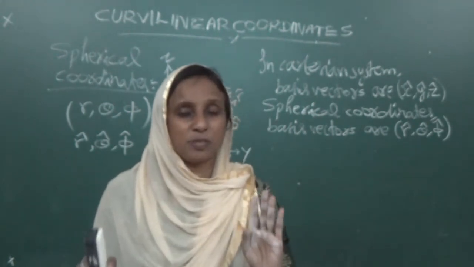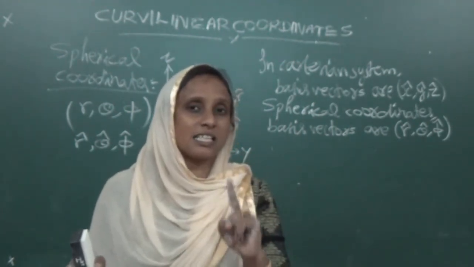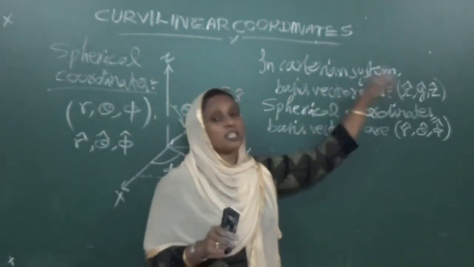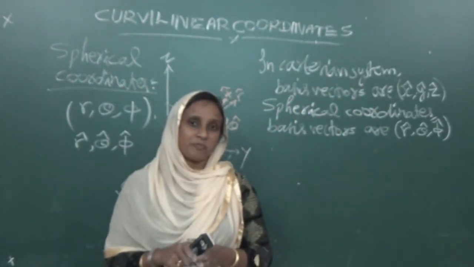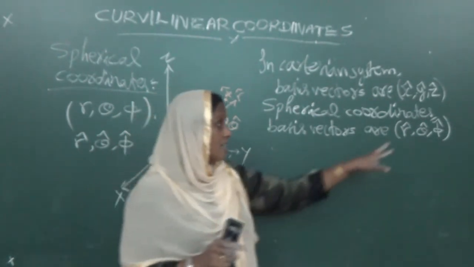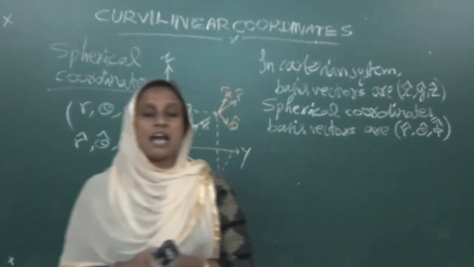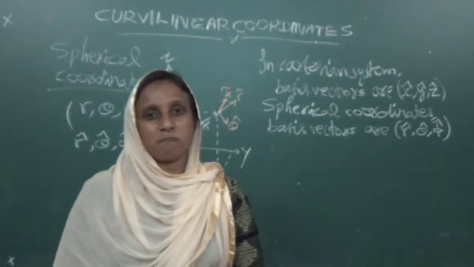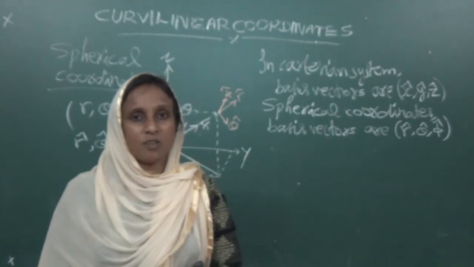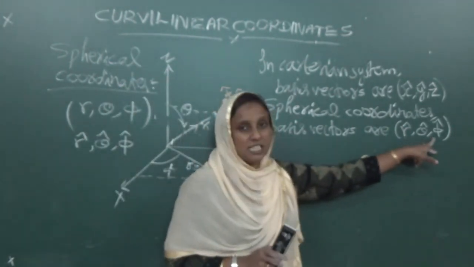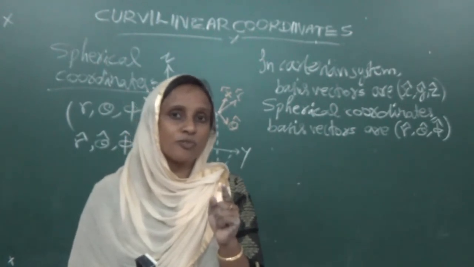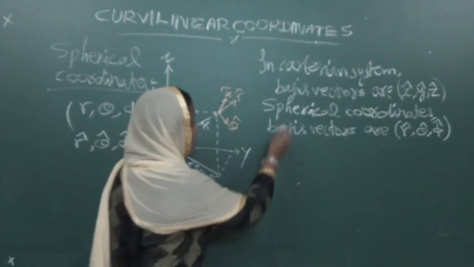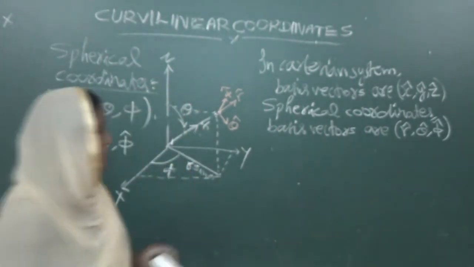That is the difference between the basis vectors in spherical coordinate system and the basis vectors in Cartesian coordinate system. That means here the basis vectors are actually functions of position. Okay? The peculiarity of spherical coordinates.